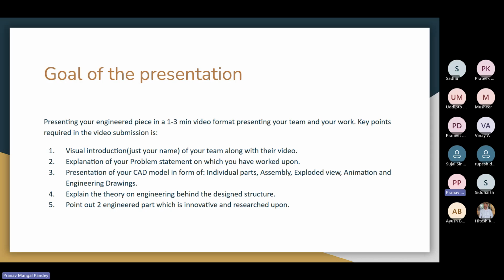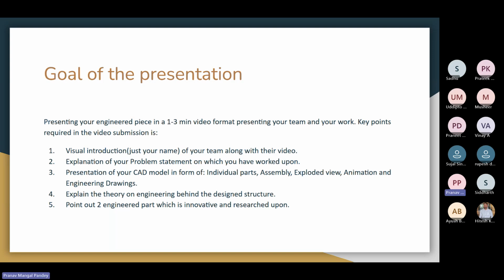You have to present your team and your work. What is required for your video submission is a visual introduction of your team members; your name and your face are required. What will you be talking about in the video? You will be talking about the problem statement which you got and what you have worked upon it.